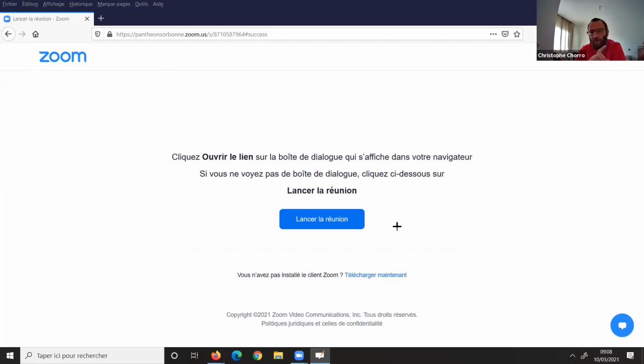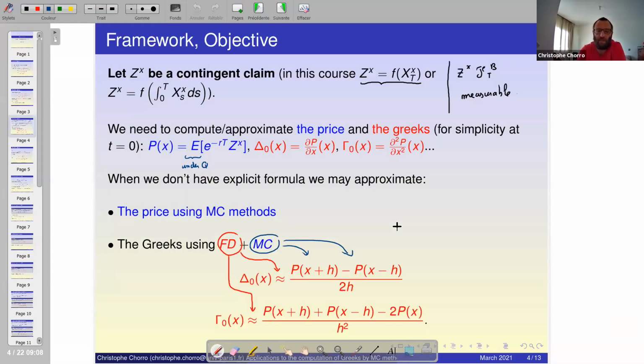I have finished my previous introduction, saying that when I want to compute the Greeks combining finite difference schemes and Monte Carlo methods, I have a dilemma. When I reduce one error in general, I increase the other.